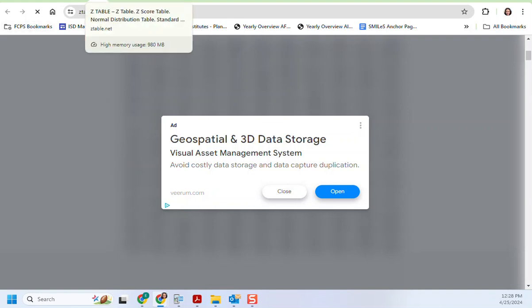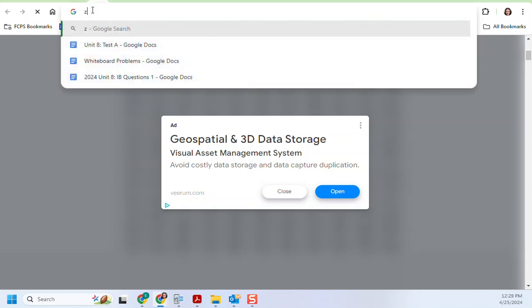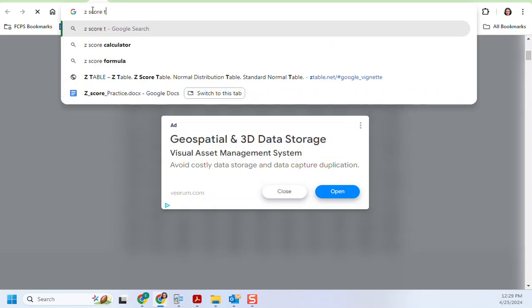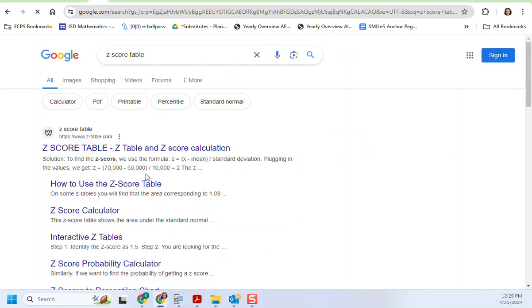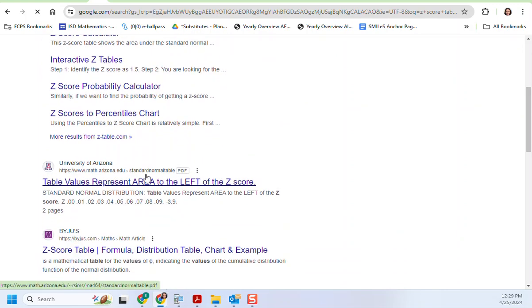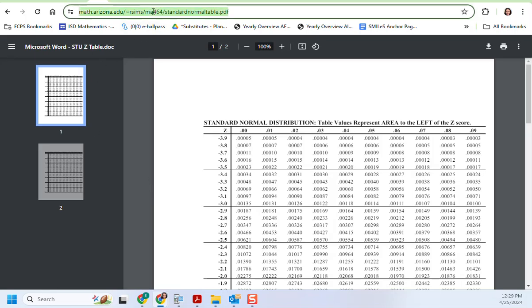Yeah, that z-score table is not loading for me today. Okay, I think I'm going to use this one. I'm going to change the link because that one's full of ads and it's not even loading.